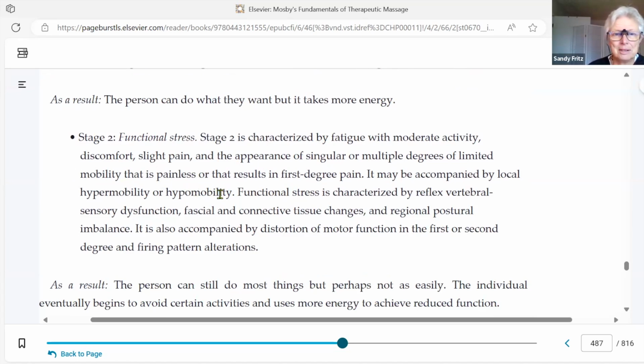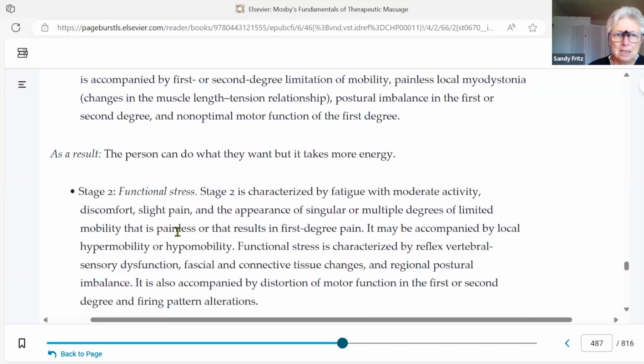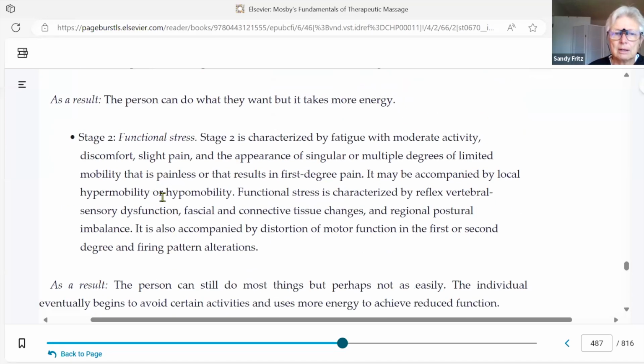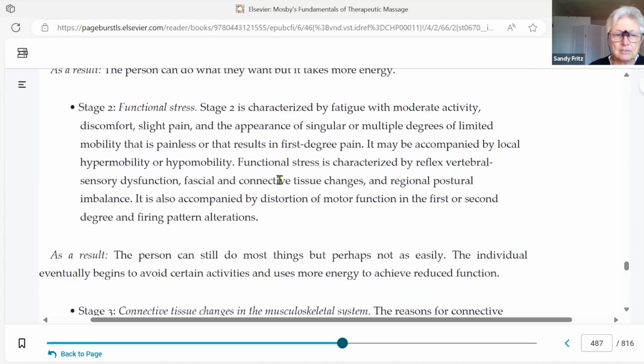And so, it depends on how significant the changes are. We can do massage and see if the person moves into a more functional space, or we might start to suggest interface with other professionals that can help.